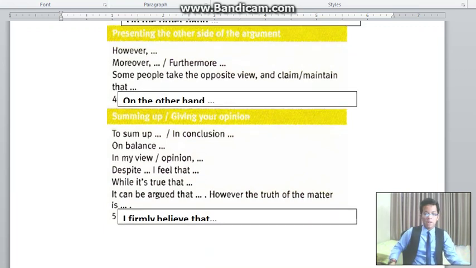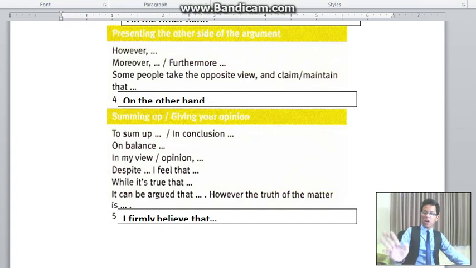And if you want to conclude your writing, please use some of these phrases, which are super useful for you: to sum up, or in a traditional way, in conclusion. Or you can have some newer phrases like: on balance, in my view, in my opinion. Despite this, I feel that; while it is true that, it can be argued that; however, the truth of the matter is; and number 5, I firmly believe that.